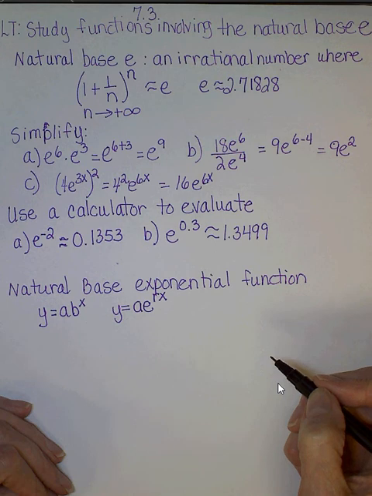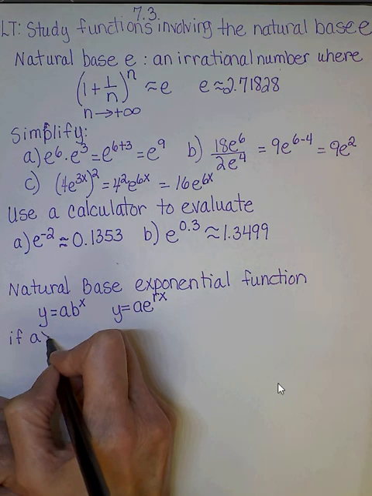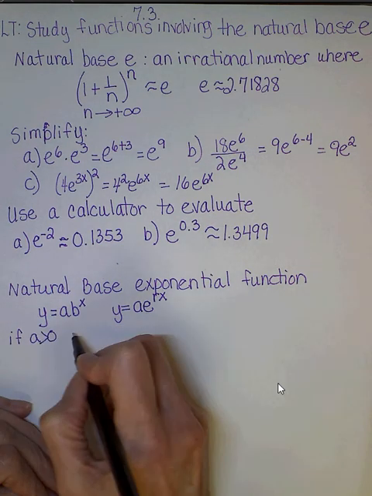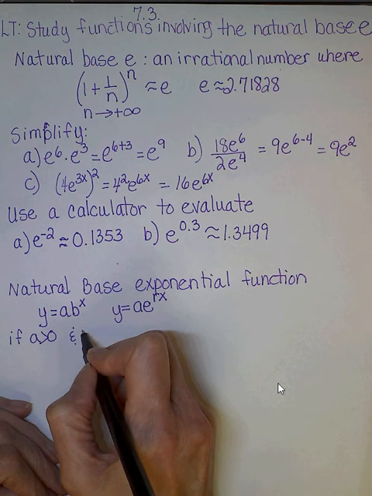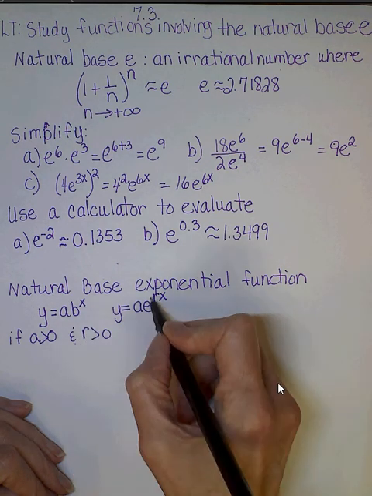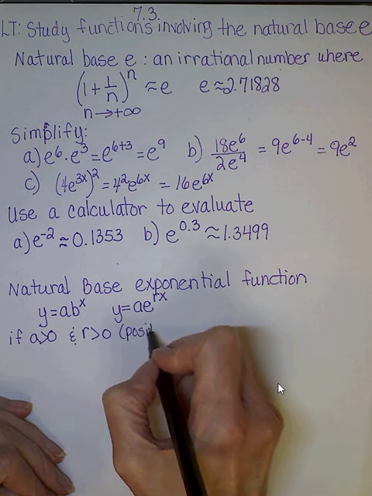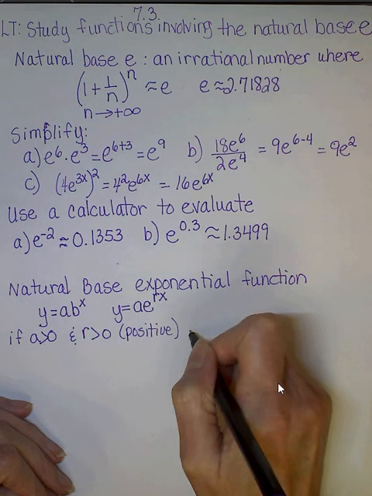Okay, so if our A value is greater than 0, and if our R value is greater than 0, so that number up there is positive, then we know it's exponential growth.